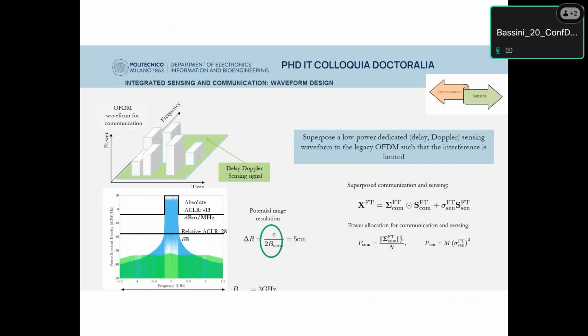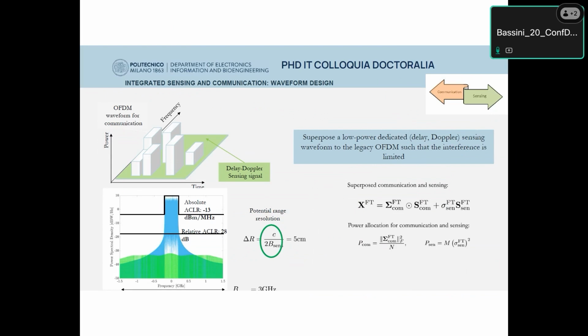The first proposal that we made for waveform design is superimposing two different waveforms. We have the classical waveform for communication, that is OFDM, that is superimposed with the one for sensing. For sensing, we define a waveform that is flat in the time and frequency domain, that is the domain we use for communication.